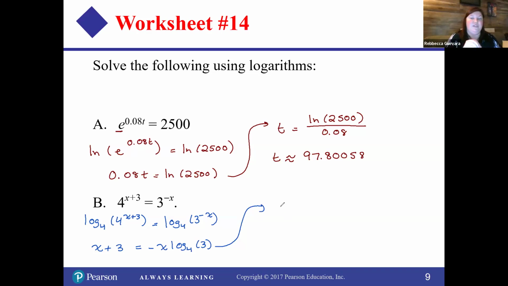So if I want to solve this, I need to put all my x's together on one side. So I'm going to add to both sides x log base 4 of 3.